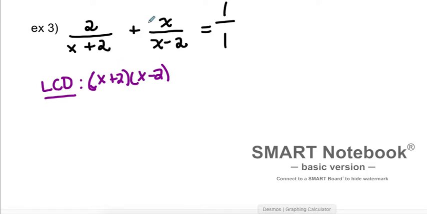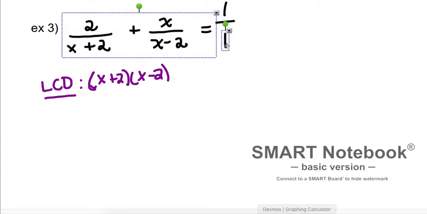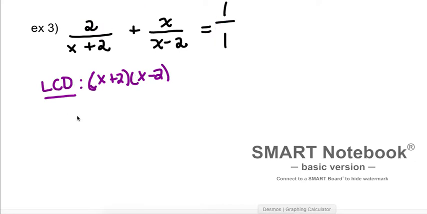So now we're going to take our LCD and multiply each piece by the LCD. So just to save time, copy that, put it here. Sorry, hold on. Okay.